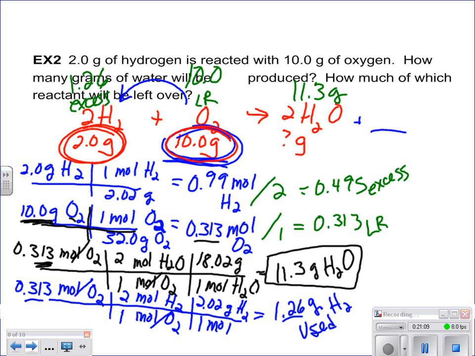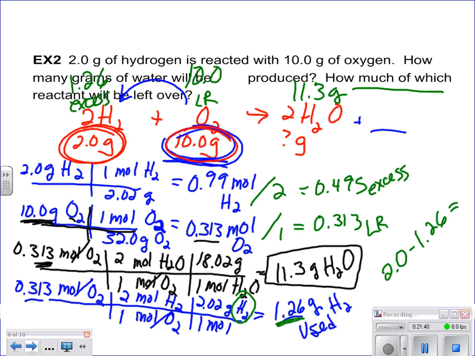So now finishing with this, we know that this is how much hydrogen was used. The question is, how much of which reactant will be left over? Well, obviously it's going to be the hydrogen. We started with 2 grams of hydrogen, only used 1.26 grams. And really maybe what it comes down to is that when we're subtracting this, we should end up going to 1 past the decimal, so 2.0 minus 1.26.